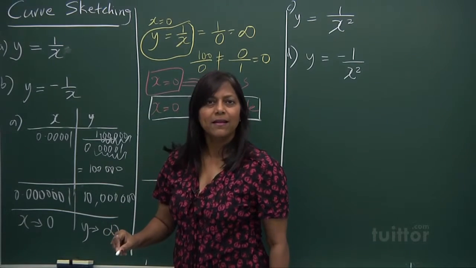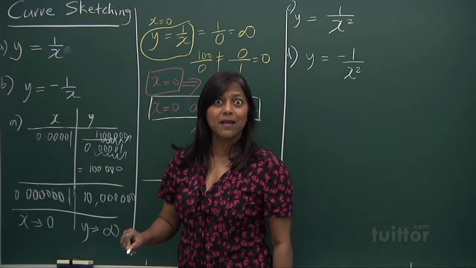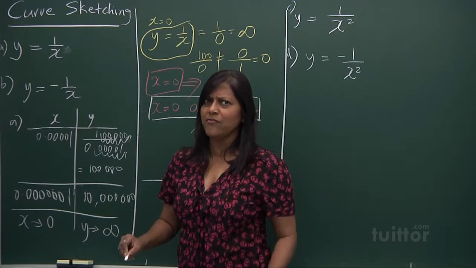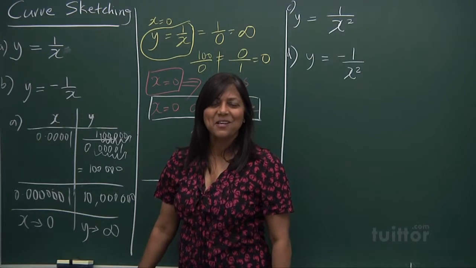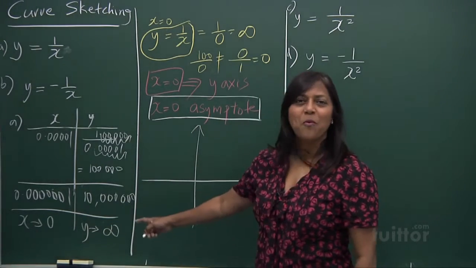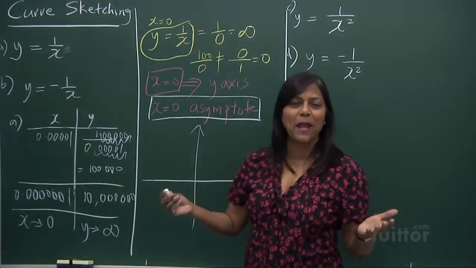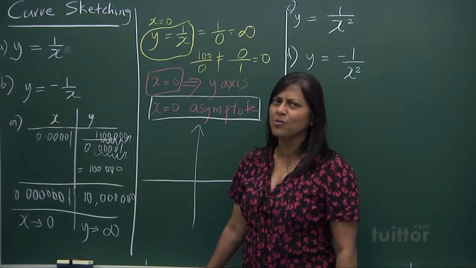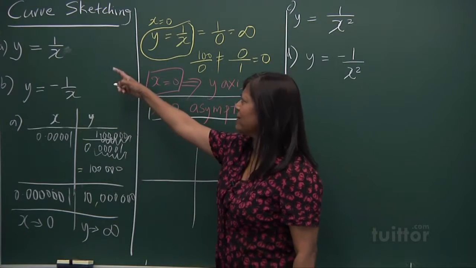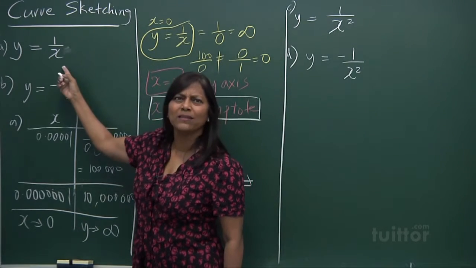Do you get it? Because we said that when x is 0, y is infinity. Right up there. So when x approaches 0, y is approaching infinity. But when x gets bigger, what happens to y? When x is 1,000, y is 1 over 1,000.